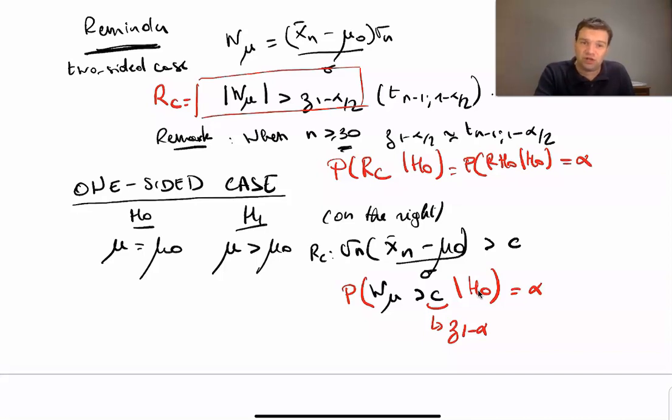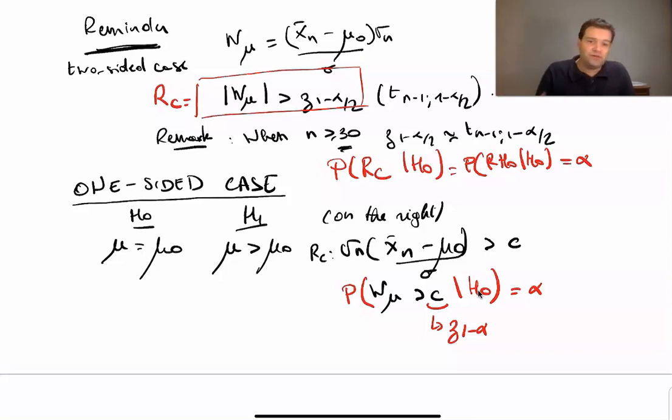Therefore, by the definition of a quantile of order 1 minus alpha, c exactly equals z 1 minus alpha. Therefore, it's really easy in this case to compute the critical region for this one-sided test on the right.